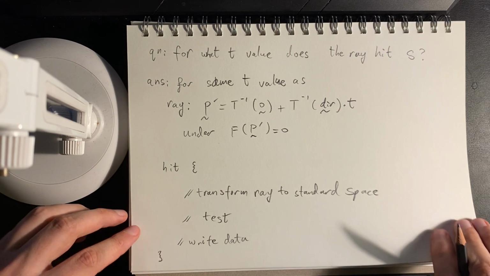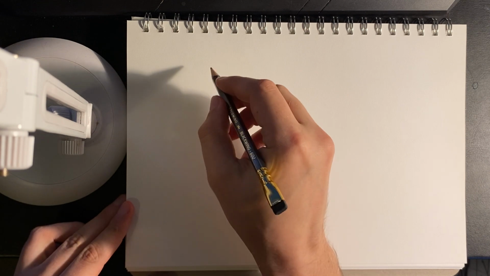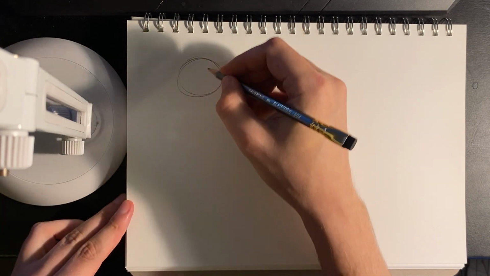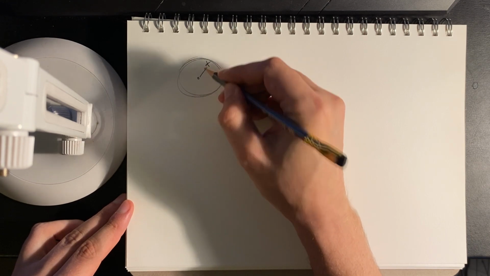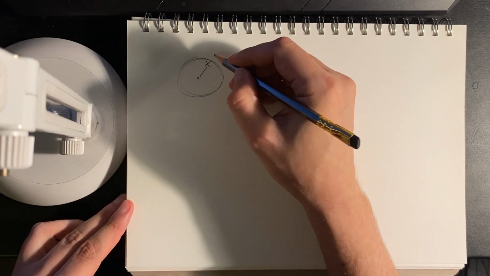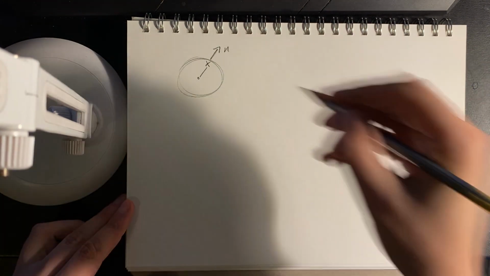Okay, so that's one thing to consider. Another thing to consider is, let's say we have our sphere, and we know the thing with the sphere is if we take the point from the center out to the intersection point, that is also the normal.